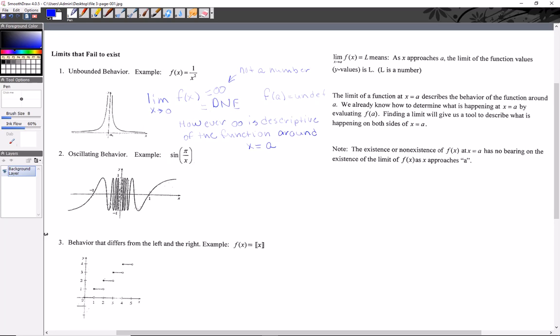All right, here's another interesting one. This is a function, but you can see it's got oscillating behavior. It's oscillating between -1 and 1. So basically, f at 0, because we're looking at what's happening around 0, is undefined.